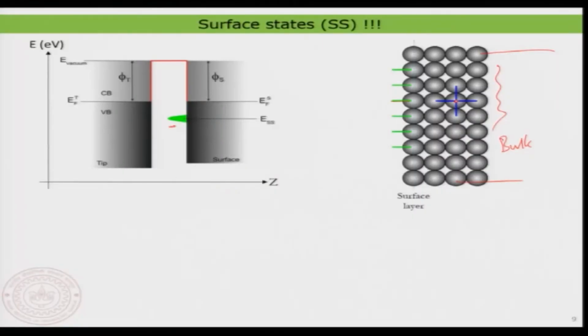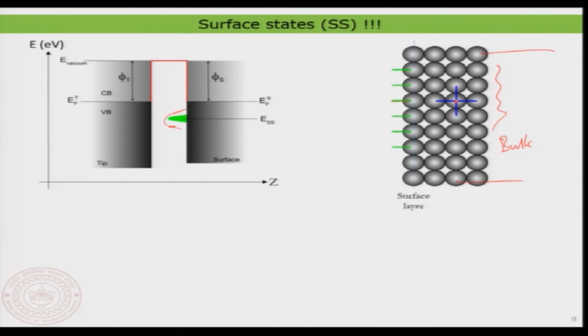And a surface state could appear like this in the density of states. If you have a material having a constant density near the surface, then typically you would find that the surface state is the extra density that is present on the surface.